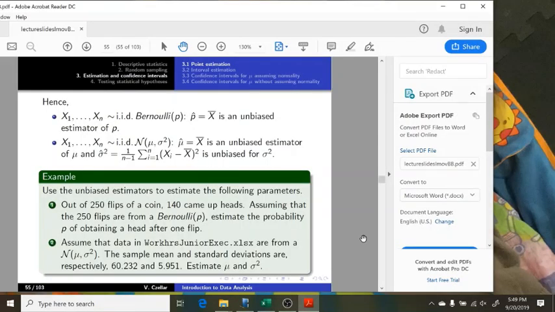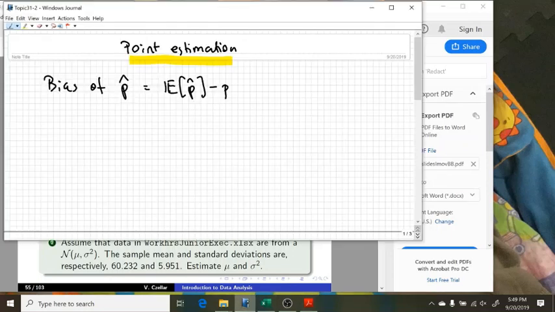To calculate the point estimate, I simply need to take the sample mean of my observations. But what is the sample mean?